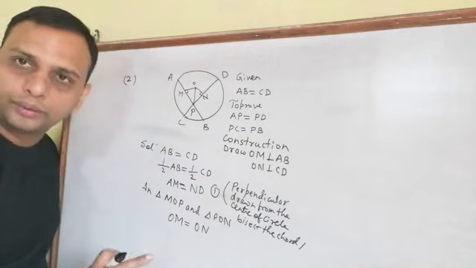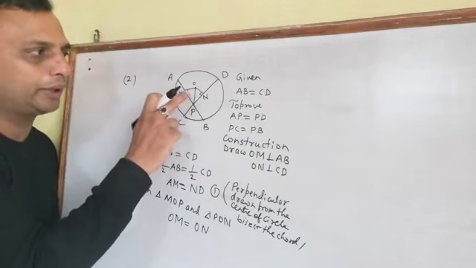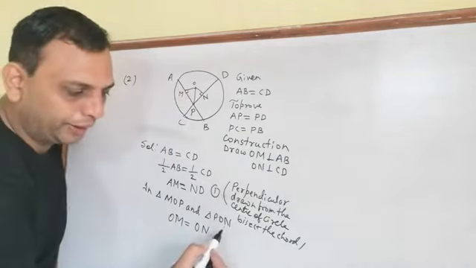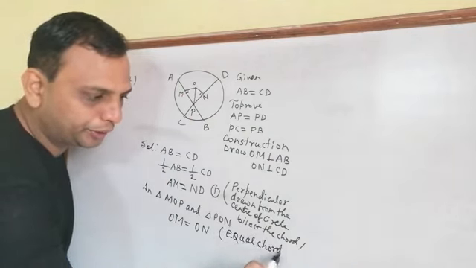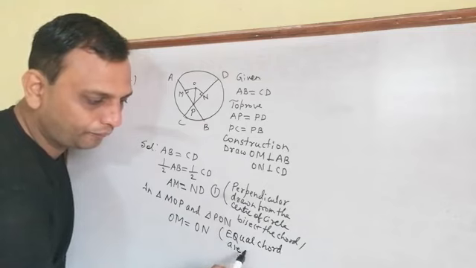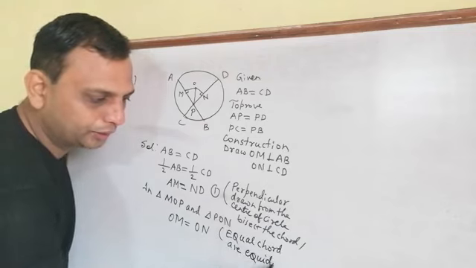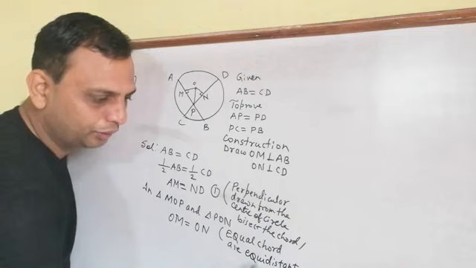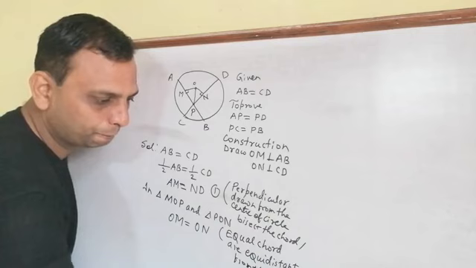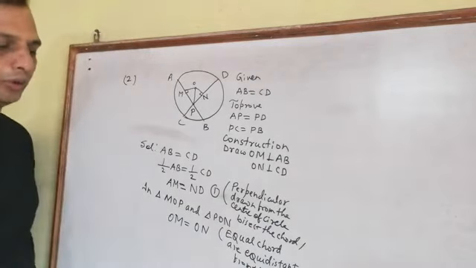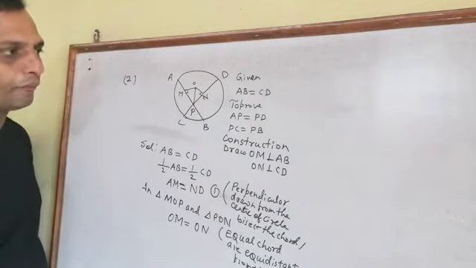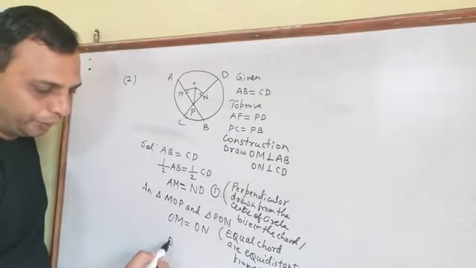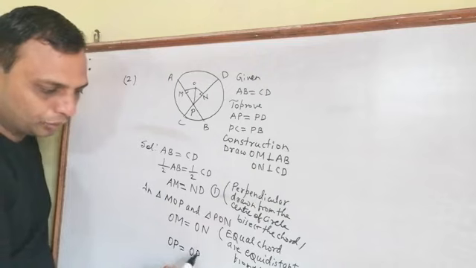AB and CD two chords are equal, so their distance from the center will be equal. So here you have to write: equal chords are equidistant from the center. Then OP is equal to OP, the common side.